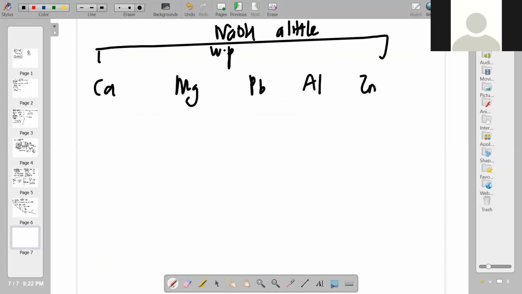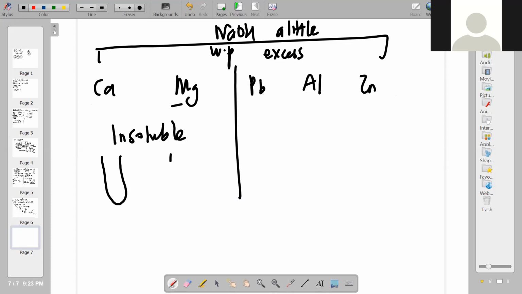This is called CAMPUS. Now, when I add excess sodium hydroxide, teacher's going to cut it here. I'm going to cut the CAM and the PUS, where here it becomes insoluble. Calcium and magnesium, even though teacher added a lot of sodium hydroxide, it is still forming a precipitate.